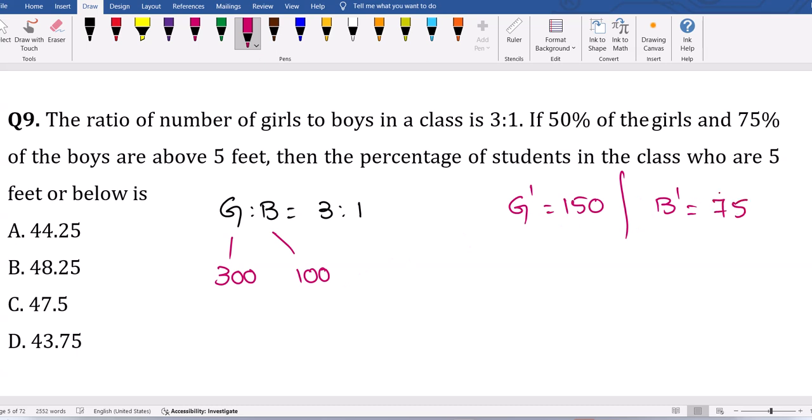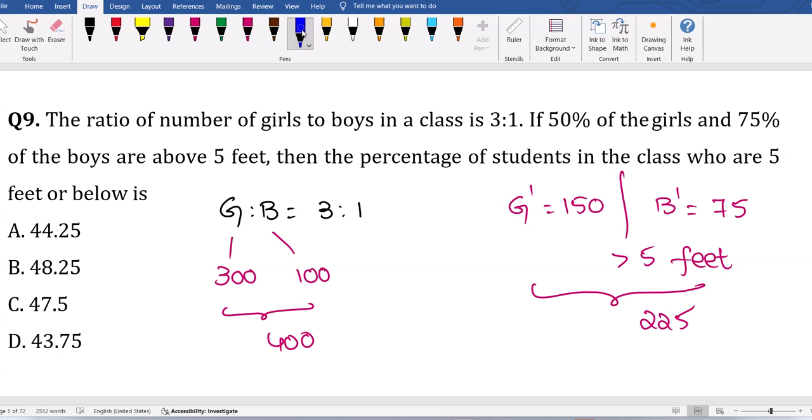These people are greater than 5 feet: 225 out of 400.